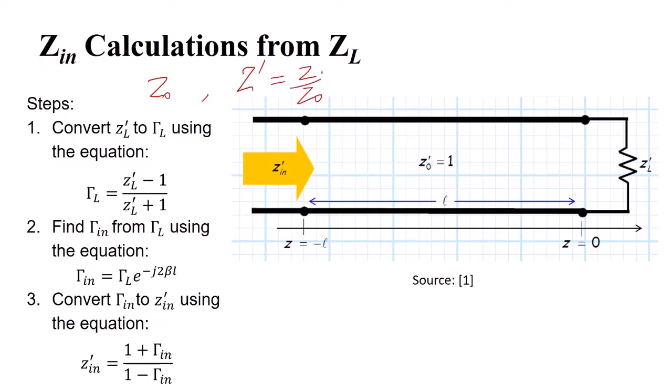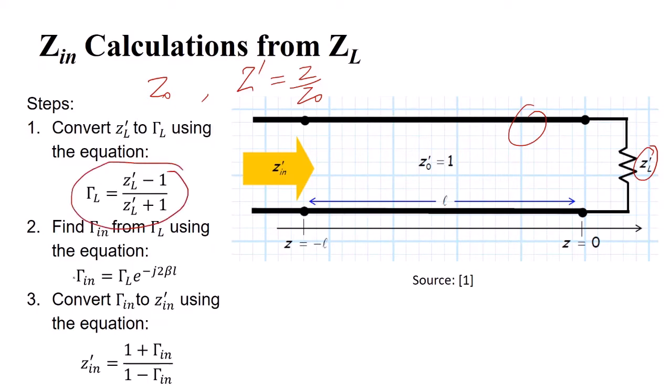This is how you find the normalized load. So if you have some ZL, you normalize it by dividing by the Z naught of this transmission line. You divide ZL by Z naught to get ZL dash. Once you know the normalized load impedance, then you can find the gamma here. So gamma you will find using this expression.